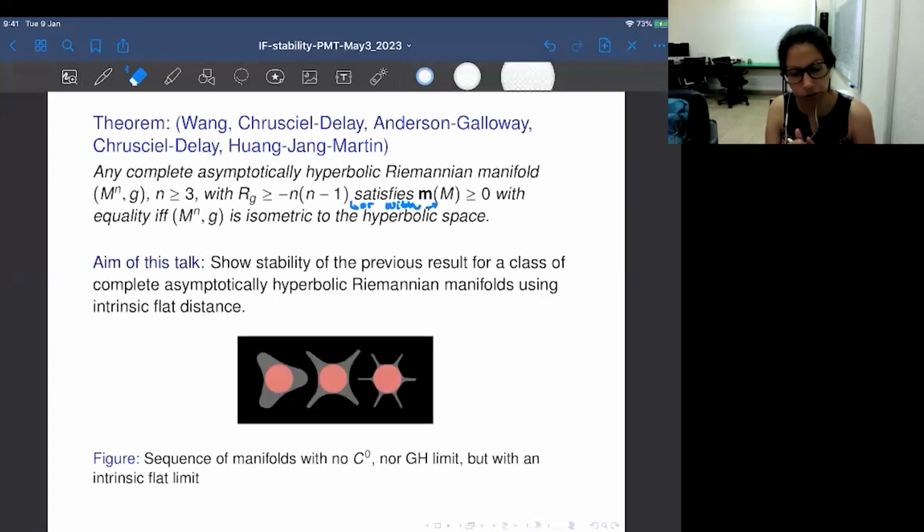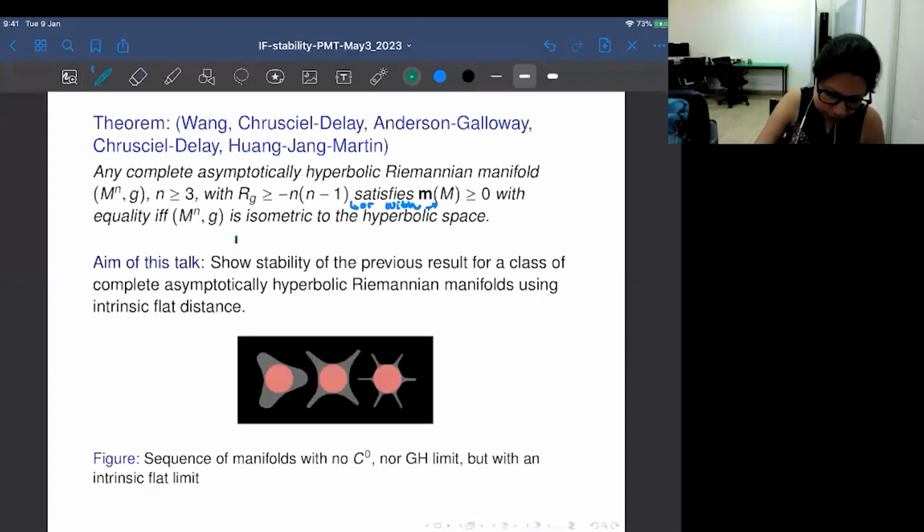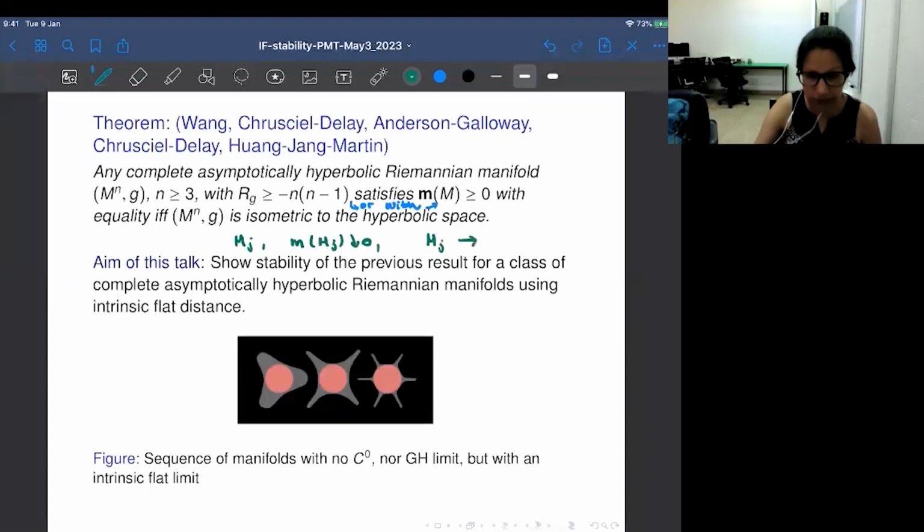So what we are going to do in this talk is take a sequence of manifolds, M_j, that are going to satisfy the conditions of the theorem, and we want the mass to converge to 0. So if their mass converges to 0, we could expect that in the limit, if we have some nice distance, then we will get the hyperbolic space.